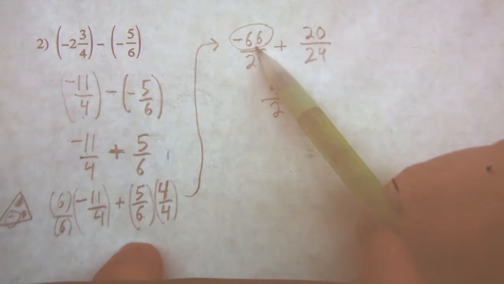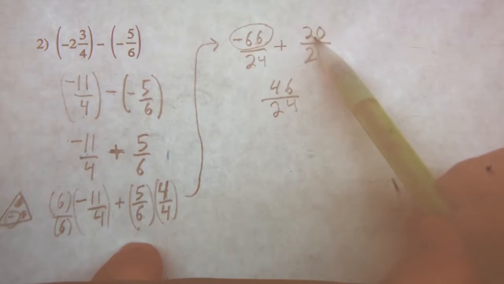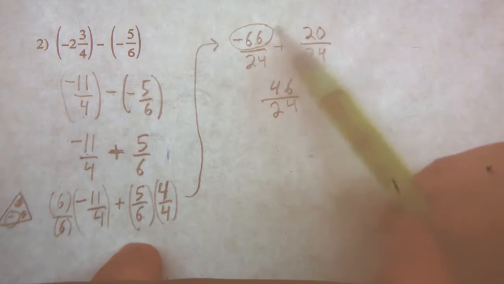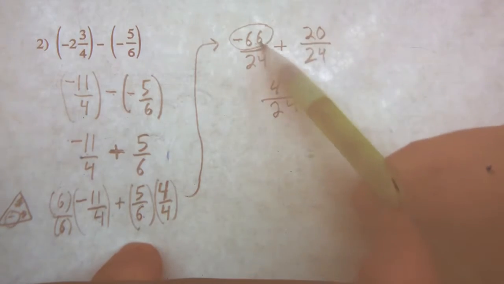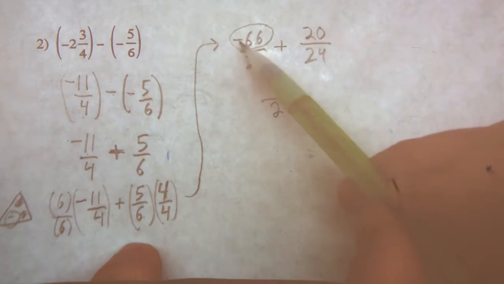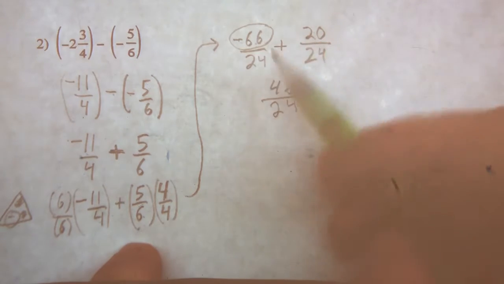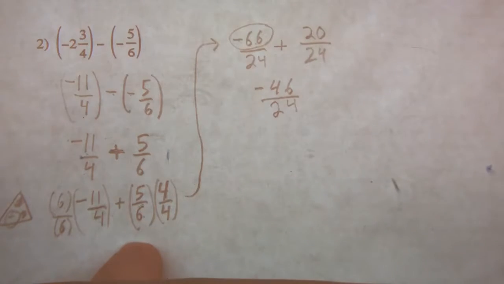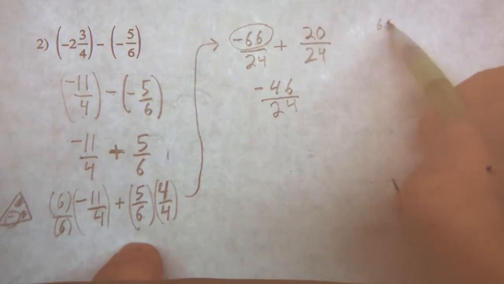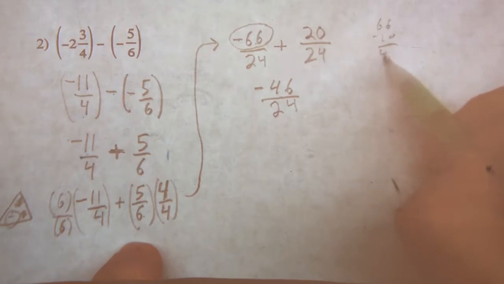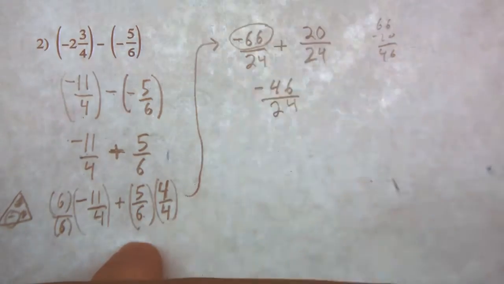So negative 66 has a greater absolute value than 20. I like to think, well, the definition of absolute value, it's farther from the 0, so it's going to determine the sign. So this negative is going to overwhelm this positive. So our answer is negative 46. And that calculation I just did was 66 minus 20 is 46, right? But then negative 46.